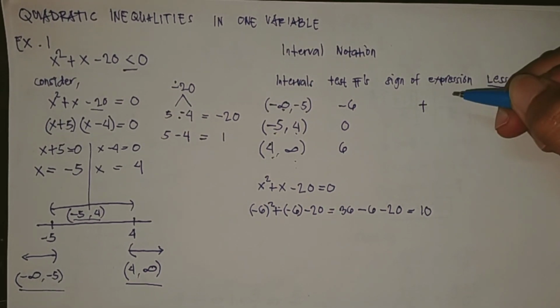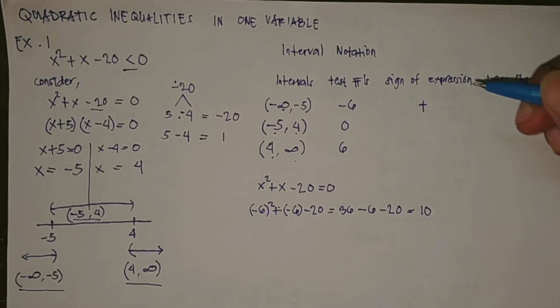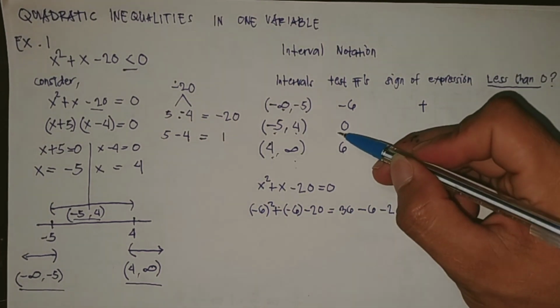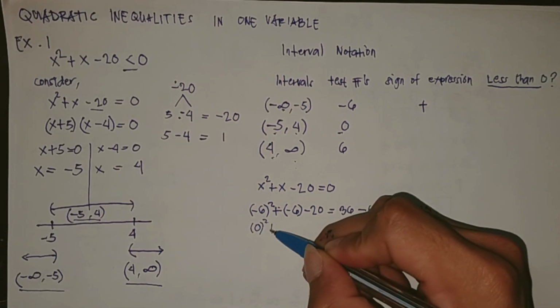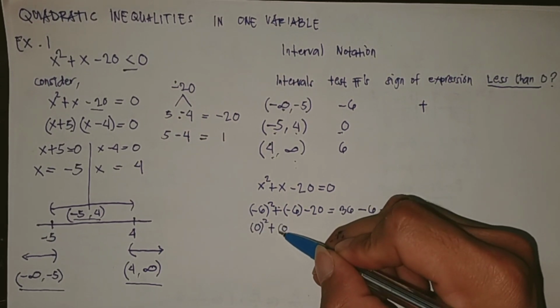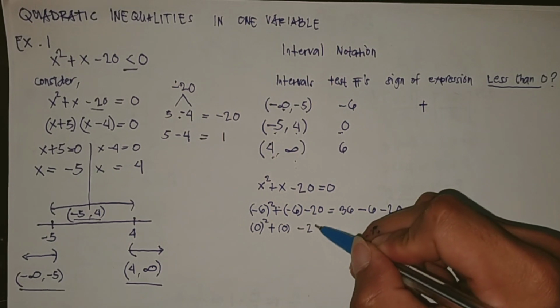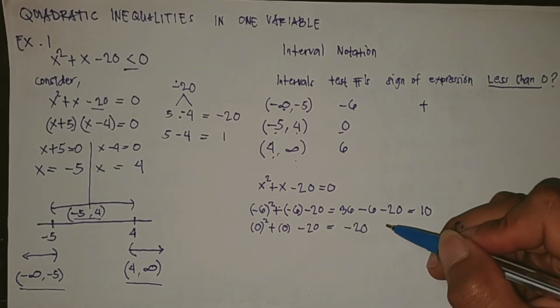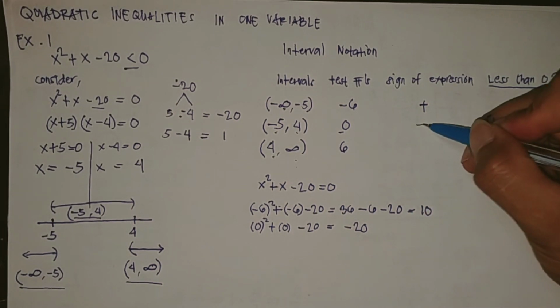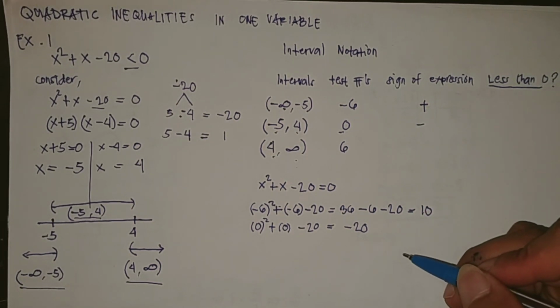The first sign of expression is positive. Let's substitute 0 into the quadratic expression. We have 0 raised to the power of 2 plus 0 minus 20 equals negative 20. So the second sign of expression is negative.